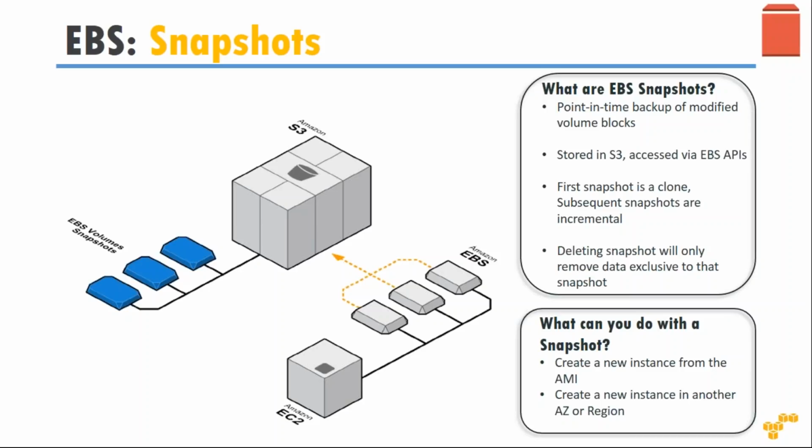Moving forward, snapshots. What are snapshots? Think of snapshots as a point-in-time backup of your modified data. So if this is your server and you have 3 disks attached and you create a snapshot of it, that means a backup copy of each of your disks is stored in your S3 bucket as volumes. How is that helpful?